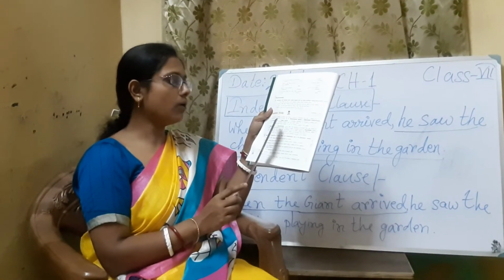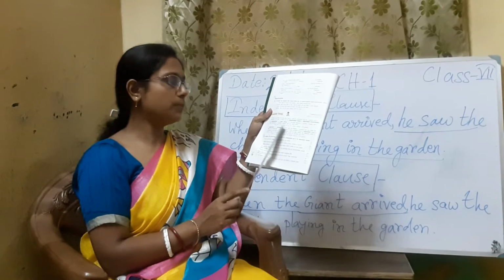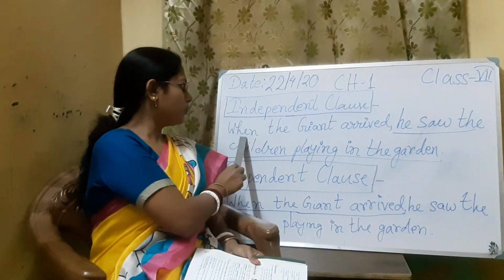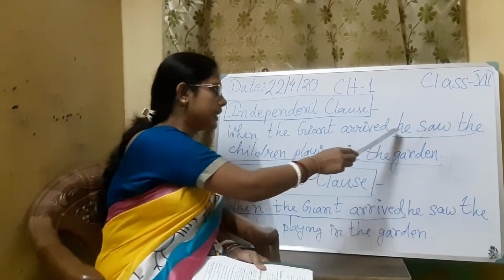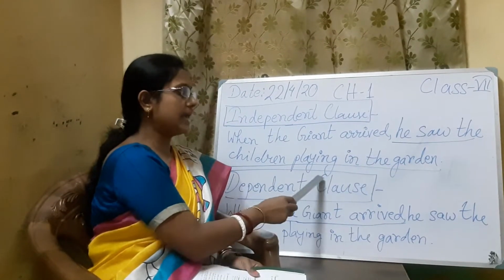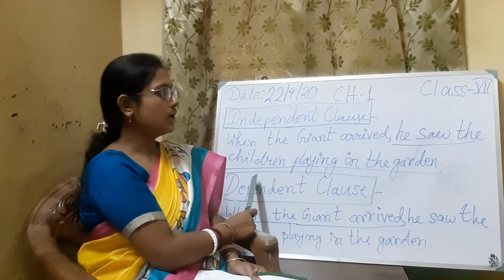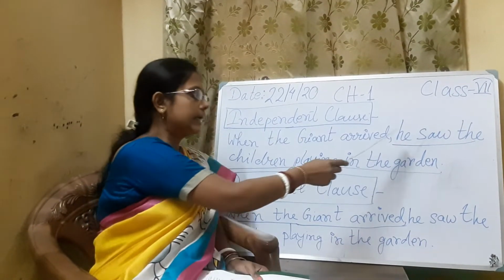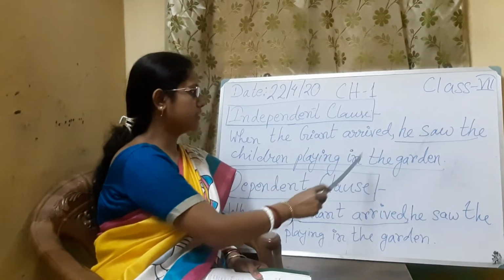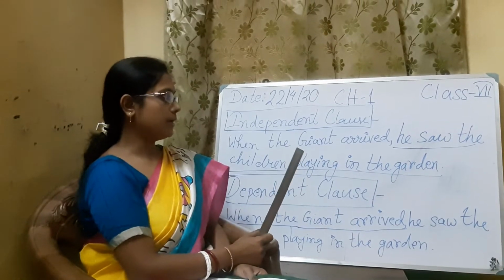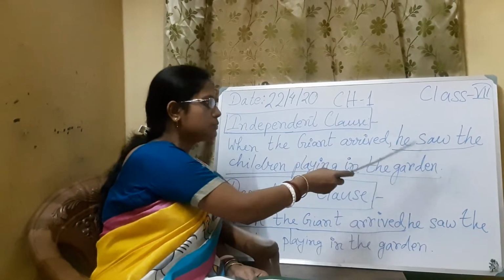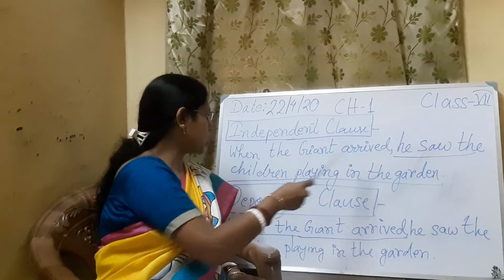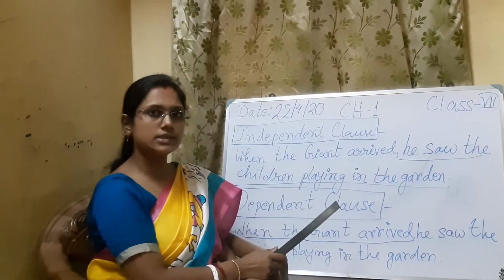So, an example of this is given in your book. Look at the board. When the giant arrived, he saw the children playing in the garden. You can see I have underlined one part of the sentence, that is, he saw the children playing in the garden. Who is the subject here?